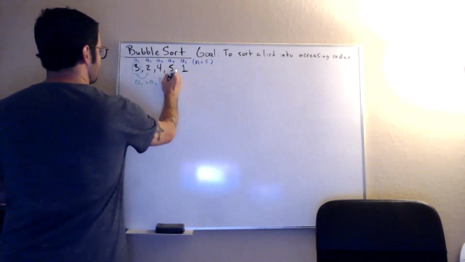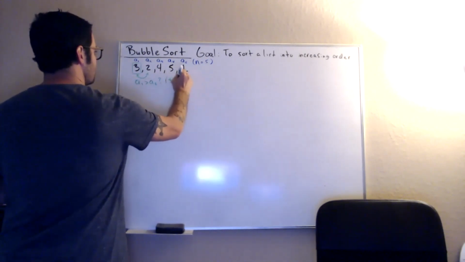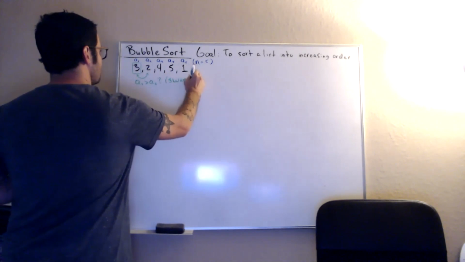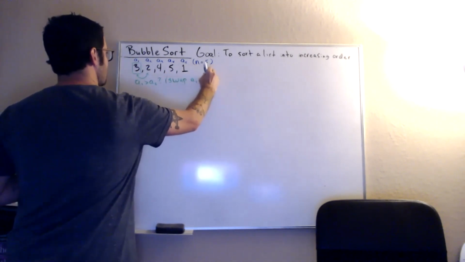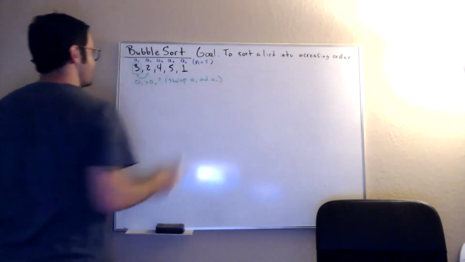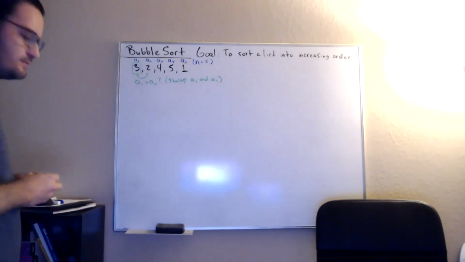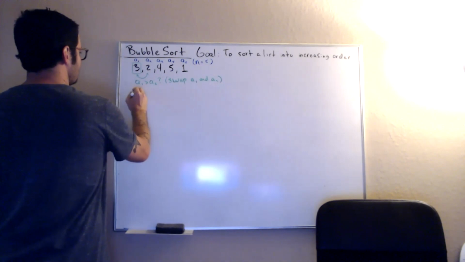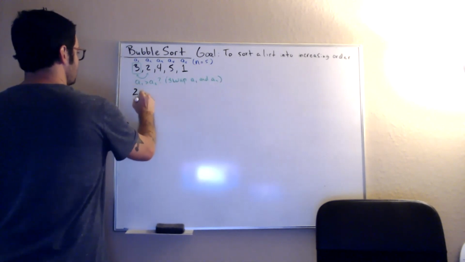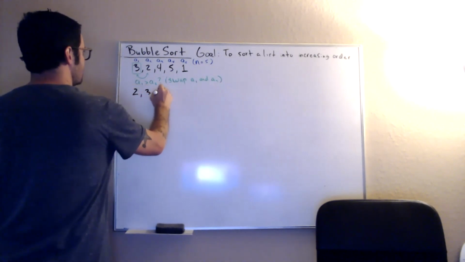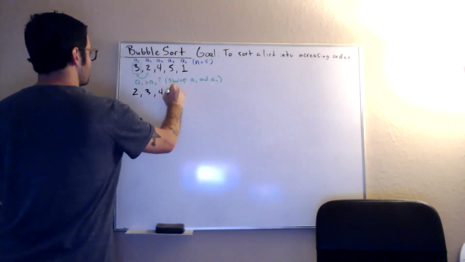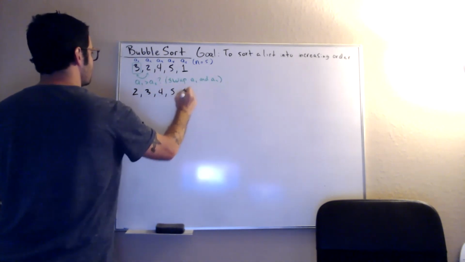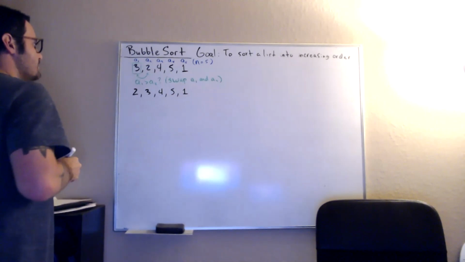So then we're going to swap A1 and A2. Swap A1 and A2. So then we get 2, 3, 4, 5, and 1. Okay?